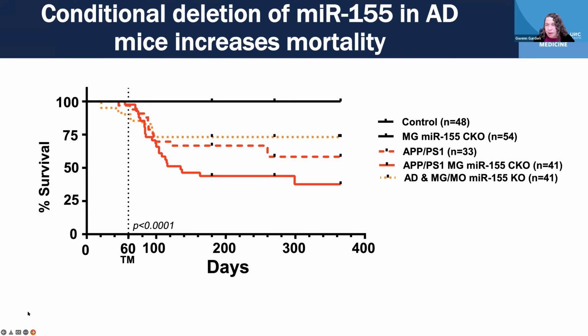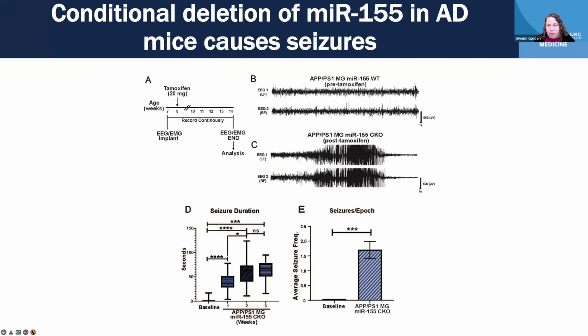So we decided to see if the increased mortality, this is the group that had miR-155 knocked out, was due to seizures, because we wouldn't expect there to be increased mortality from A beta because the A beta had been removed. I apologize for the low resolution of this, but I was having trouble with the file, so I had to resave it in a lower data space.